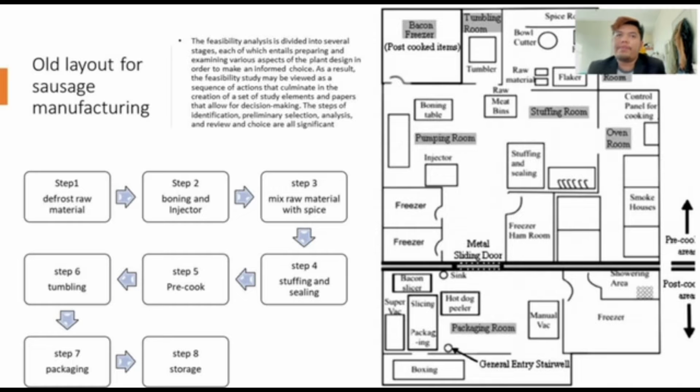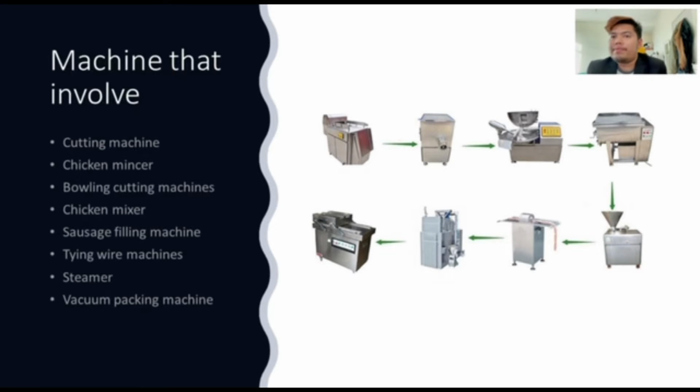As a result, the feasibility study may be viewed as a sequence of actions that culminates in the creation of a set of studies and papers that allow for decision making, and the steps of identification, preliminary selection, analysis, and review of choice are all significant.